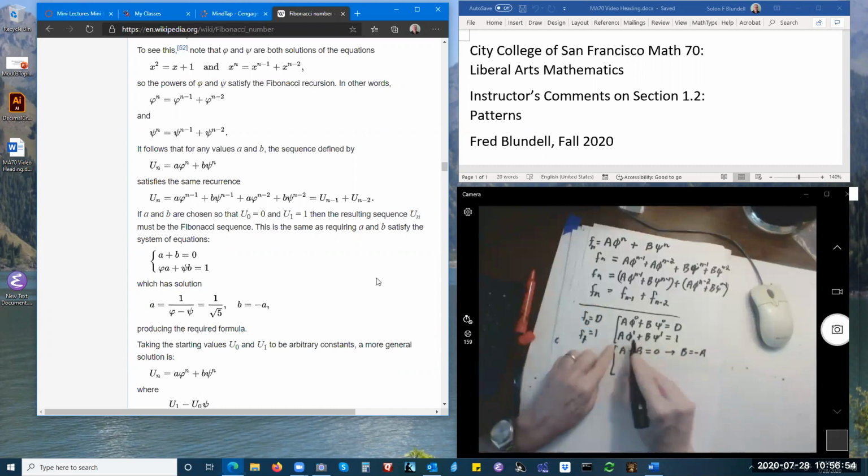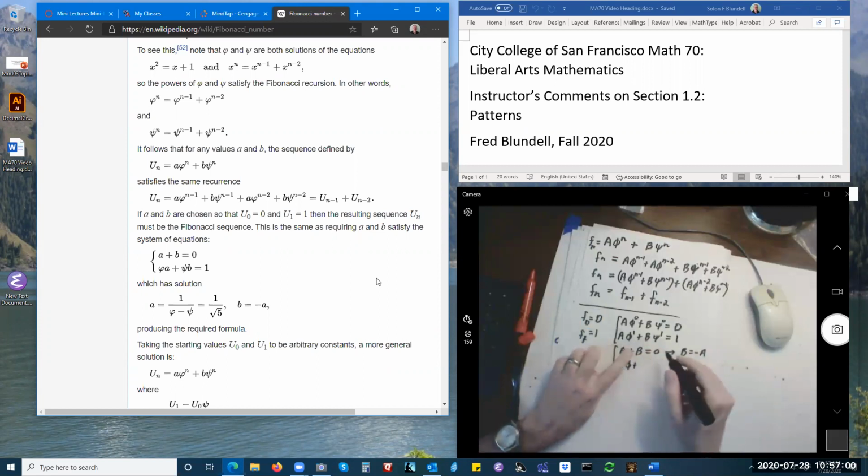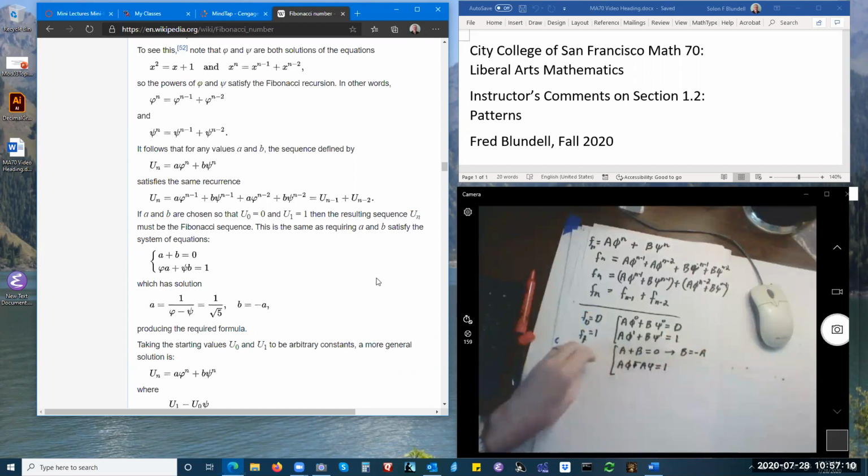And then the second equation, I have A times phi plus, but B is just negative A. So I'll have negative A psi equals 1. So A plus B equals 0, or B is negative A. And then A phi minus A psi equals 1.